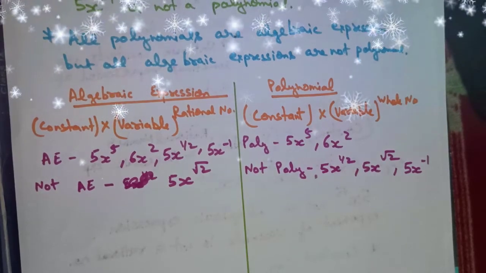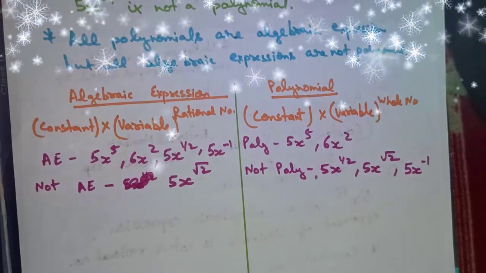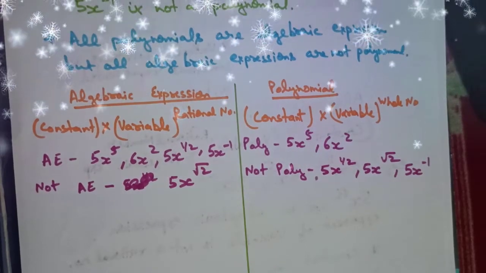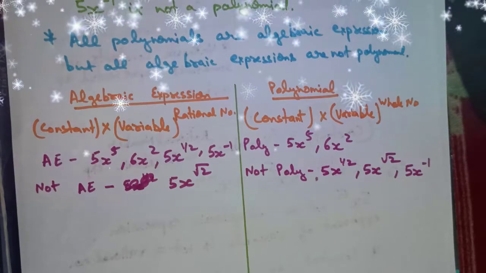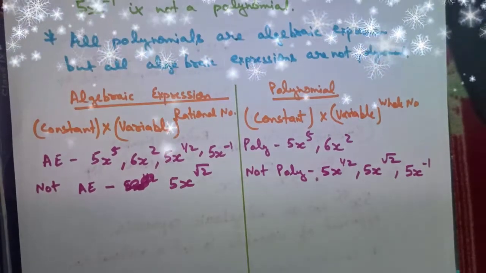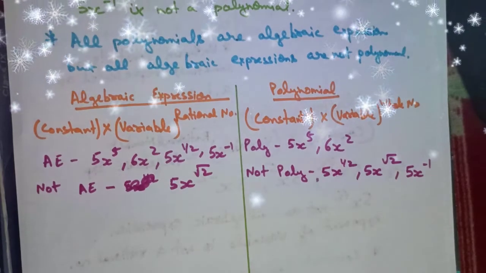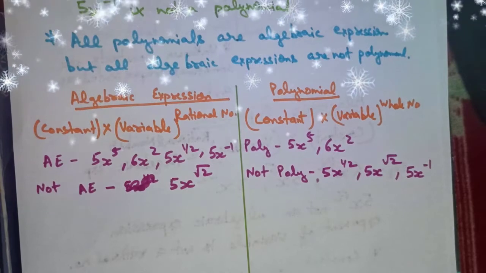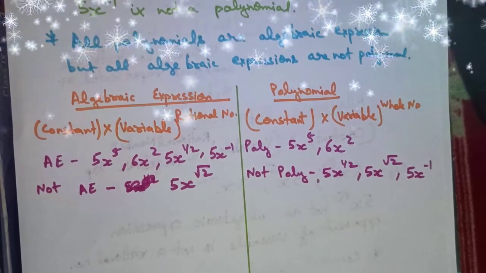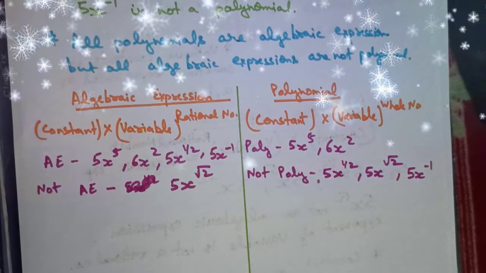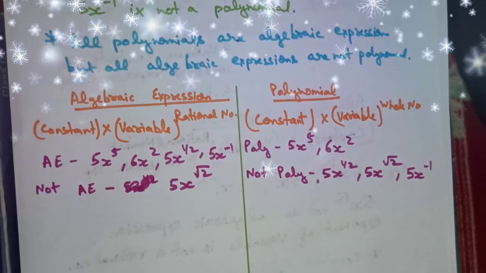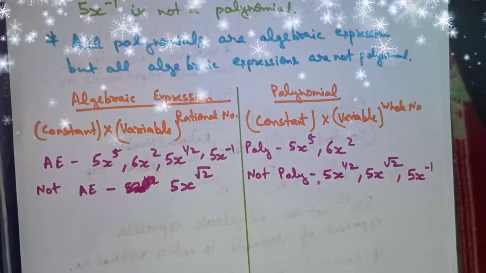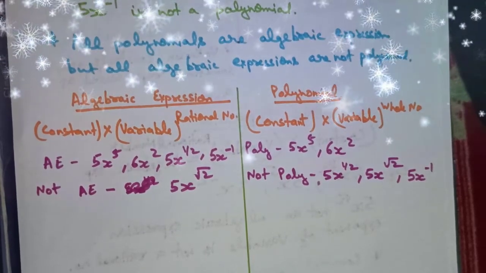However, a polynomial is the product of a constant and a variable raised to the power of a whole number. 5x raised to the power 5 is an algebraic expression as well as a polynomial. 6x raised to the power 2 is also an algebraic expression as well as a polynomial because the power is a whole number, which is also a rational number. But 5x raised to the power 1 by 2 has a rational power, so it is an algebraic expression, but it is not a polynomial since the power is not a whole number.